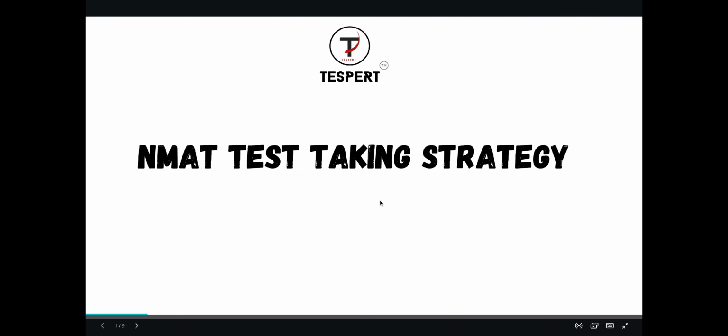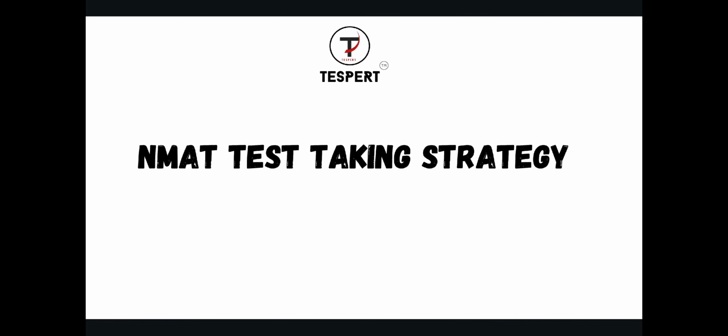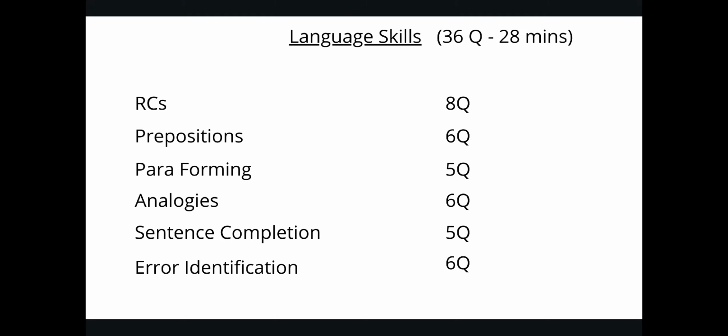So if we consider the test taking strategy of the NMAT exam, let us move on to the most critical topics of all the three sections. The first one is language skills. In language skills, we have 36 questions to be solved in 28 minutes.